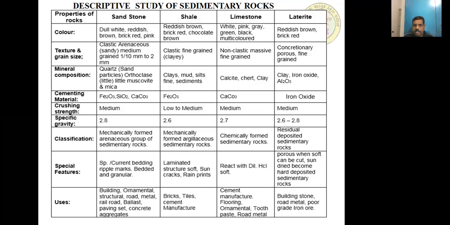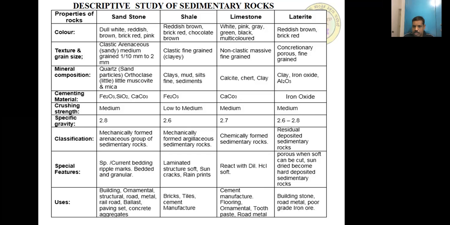Next, texture and grain size. It is a non-plastic, massive and fine-grained textured rock. Mineral composition: it shows calcite, chert, clay, etc. Cementing material is calcareous material, that is calcium carbonate. Crushing strength is medium.